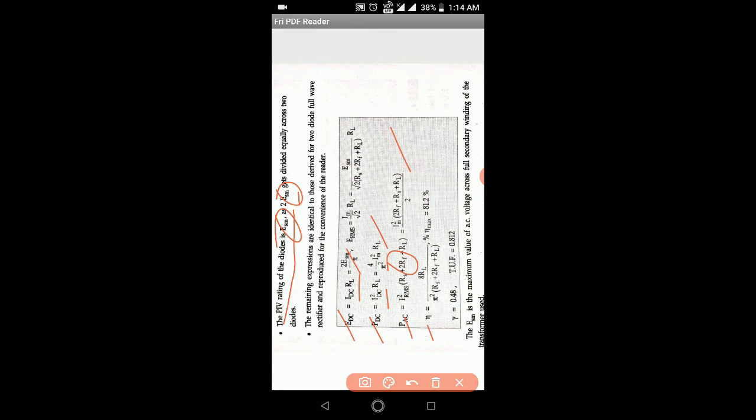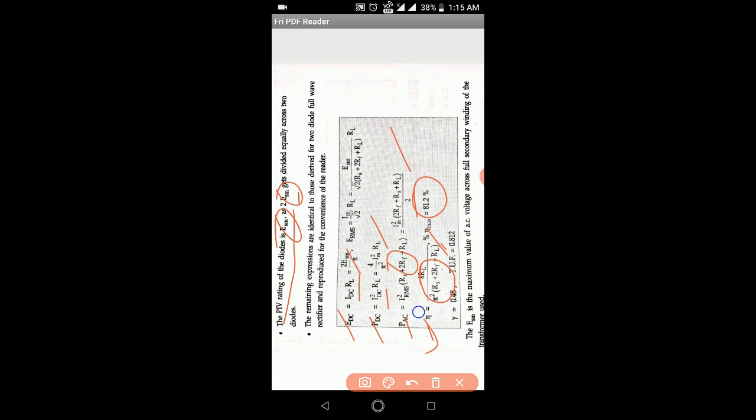Now efficiency is again obtained as 81.2% because RS plus RF is very small in comparison to RL.